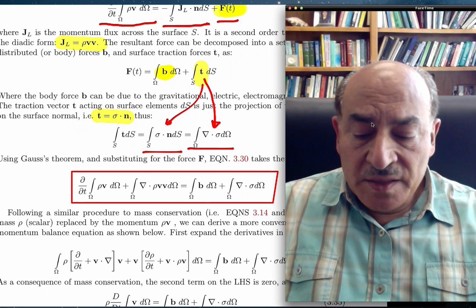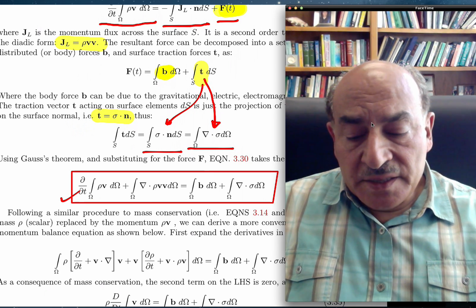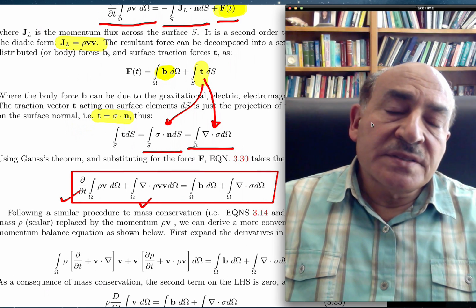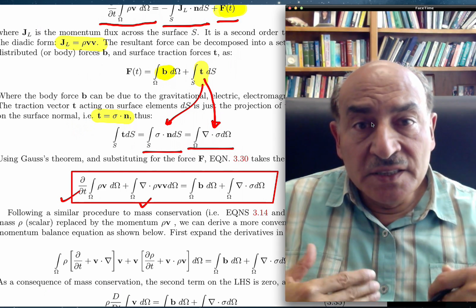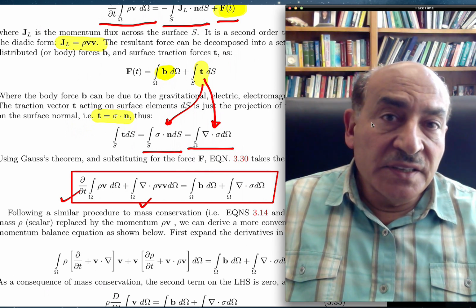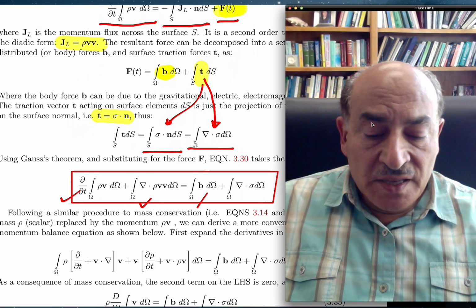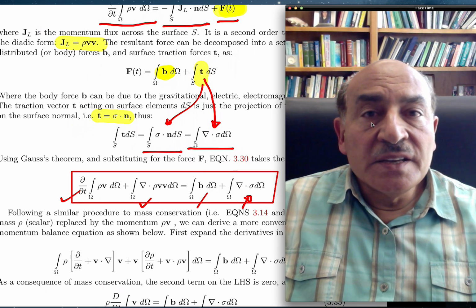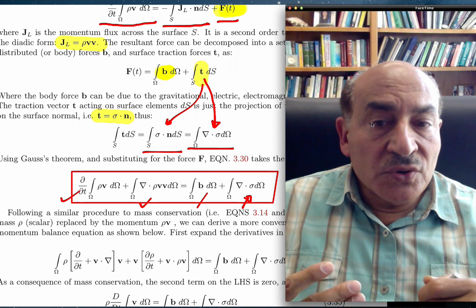The first term is the rate of change inside the volume, and the second term is the flux of the momentum carried on the surface. Now we're changing it to a volume integral using the divergence theorem, and the force is decomposed into a body force inside the volume, and the traction is replaced with the divergence of the stress, again using Gauss's theorem for a tensor in this case.